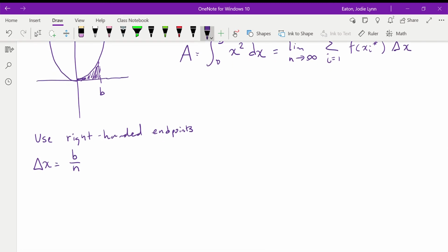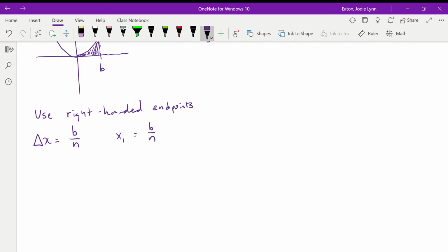Okay, so let's try to figure out what xi star is. So x1 is going to be b over n. x2 is going to be 2b over n. x3 is going to be 3b over n, because each time we're adding on another b over n.